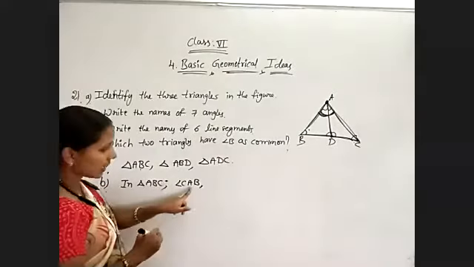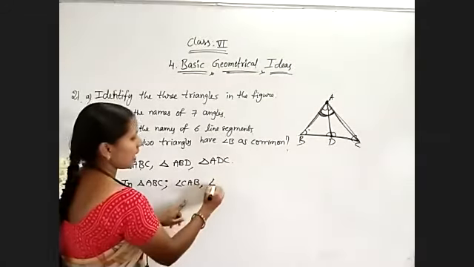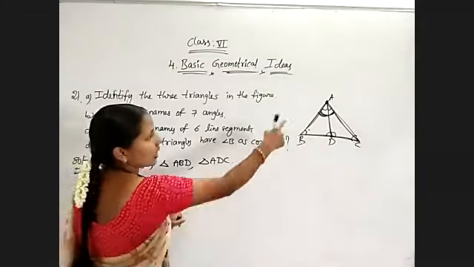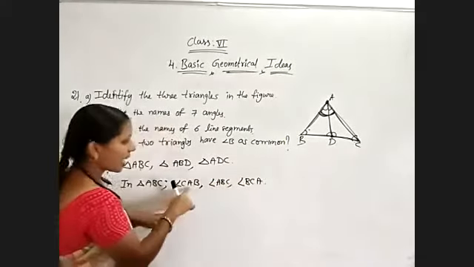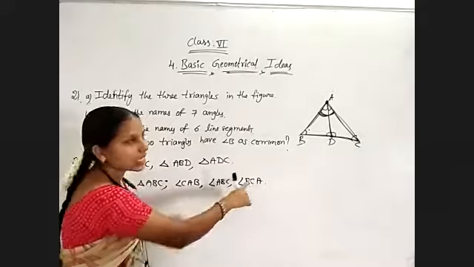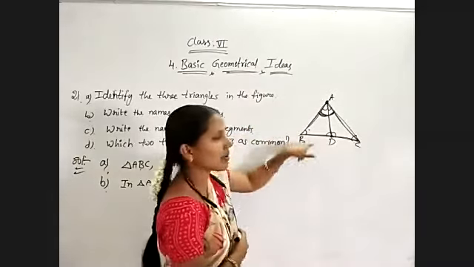Next, second letter, angle ABC. Next, angle BCA. So observe, angle A, angle B, angle C are the three angles of triangle ABC.